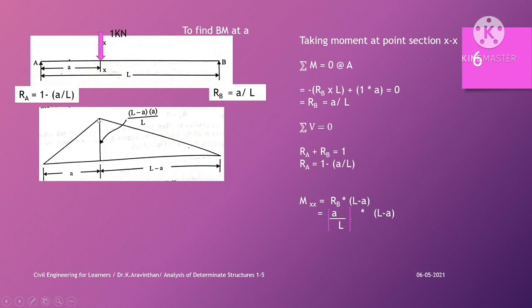So you can make a point here and connect at each and every distance. So this will be L minus A and this will be A.